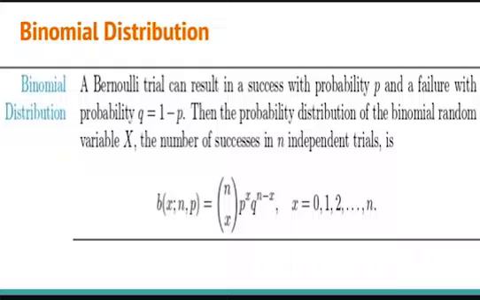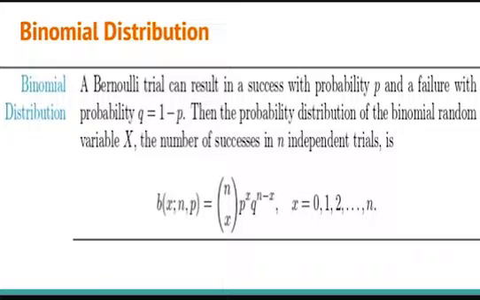What is Q? The probability of failure. How many failures if you try once? If n equal to 1, if you try once, and X is the number of success, what would be the number of failure? That would be 1 minus X. That is why you say 1 minus X. Do you see that now? So Q, the probability of failure, is carrying number of failure. The probability of success is carrying number of success.